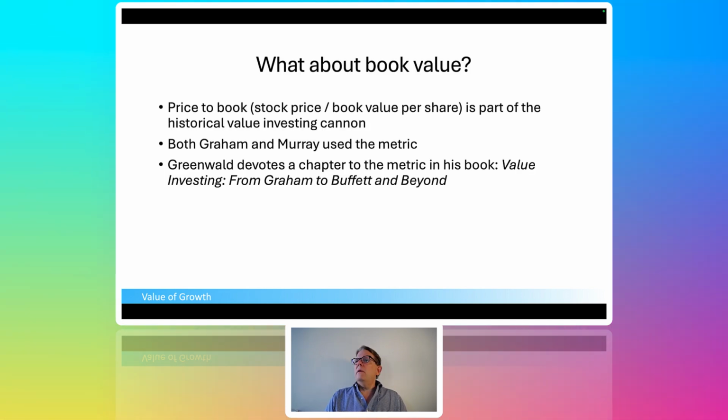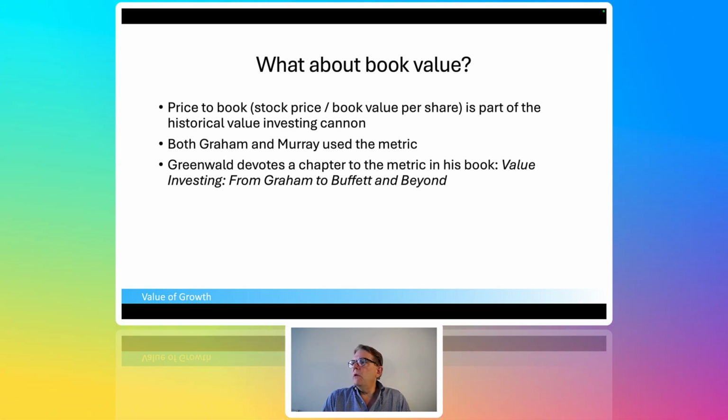All right, now, in the world of value investing, you'll often hear book value as a measure of value, frankly, and you'll hear price to book. Certainly, if you look at the historical discussion around value investing, book value is talked about a lot. It is part of really the value investing canon, the history, if you will. Both Ben Graham and Roger Murray use the metric a fair amount in their lectures.